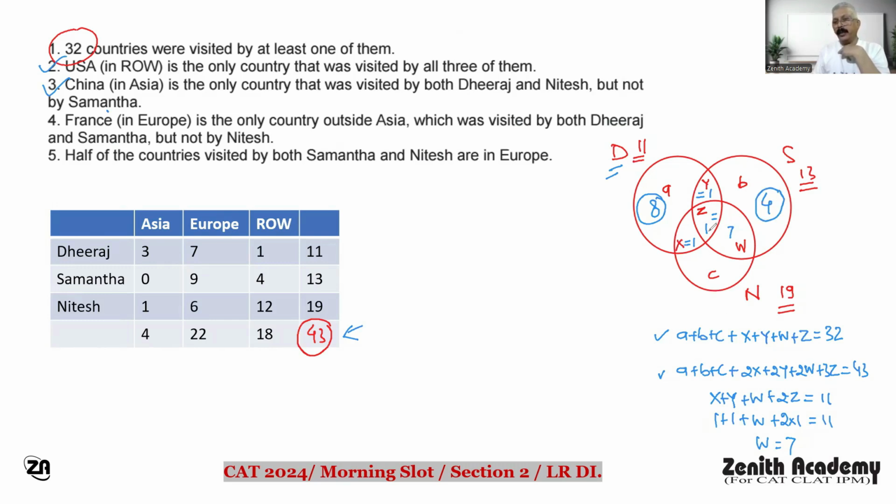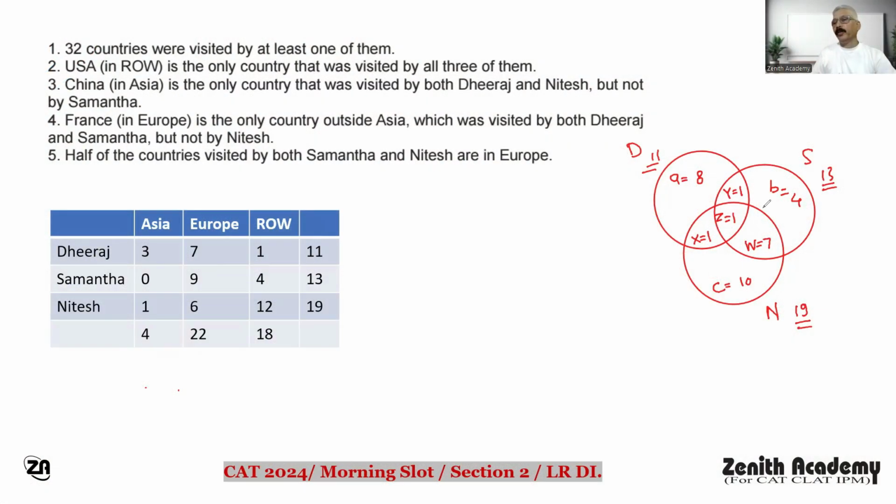And here 7, 8, 9, so it means 10 places where Nitesh is going alone. Is it right? So now from this Venn diagram, it is very clear that Dheeraj is visiting 8 countries alone, Samantha 4 countries alone, and Nitesh 10.